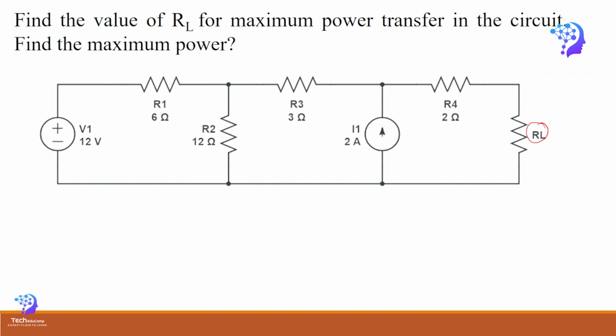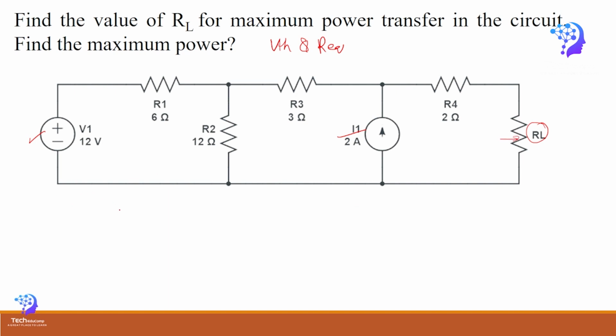So to find out, first of all, we can reduce all this using the Thevenin theorem. For that, we have to find out the VTH and R equivalent. So first of all, let's calculate the R equivalent. For that, deactivate these two sources and remove this RL.